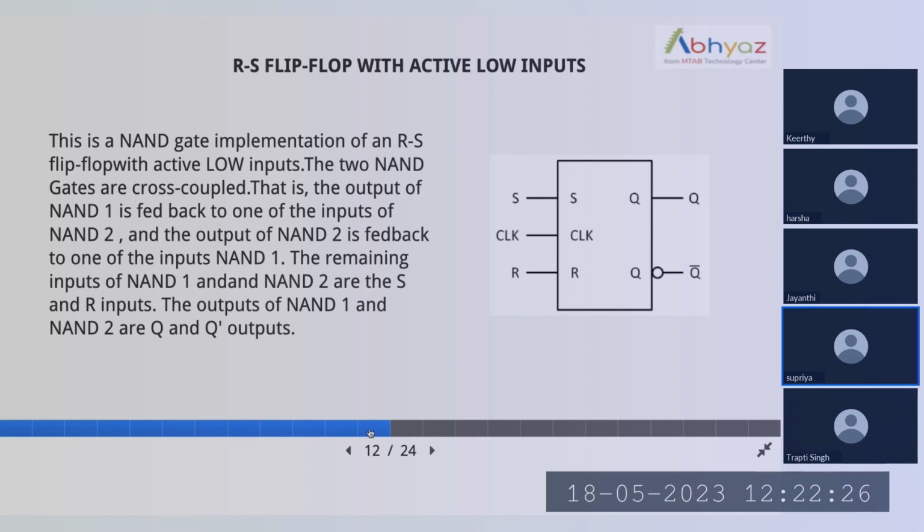The two NAND gates are cross coupled such that the output of NAND 1 is fed back to the input of NAND 2, and the output of NAND 2 is fed back to the input of NAND 1, which is nothing but the feedback path. The remaining inputs of NAND 1 and NAND 2 are given to the S and R inputs, such that the outputs of NAND 1 and NAND 2 are Q and Q bar.